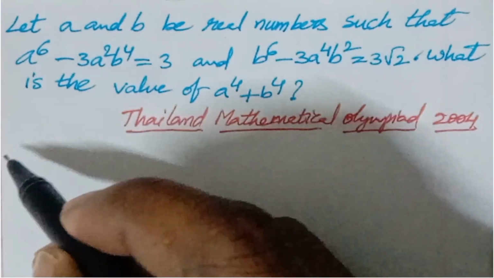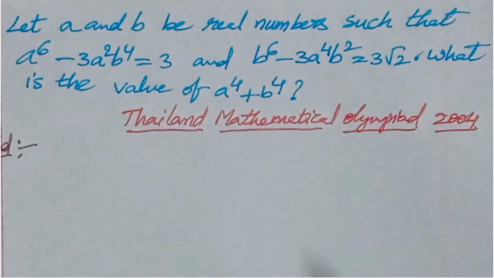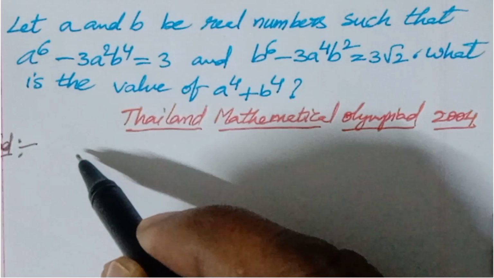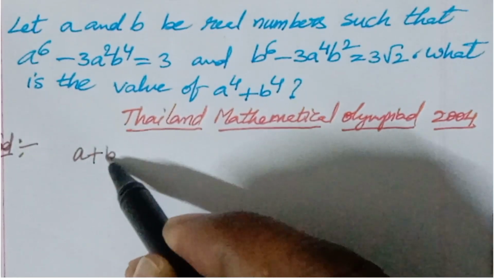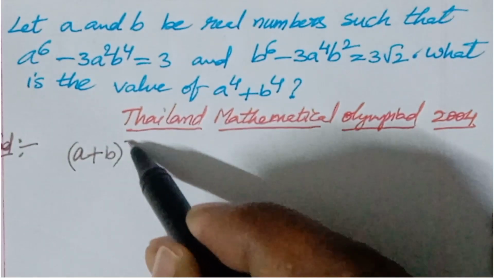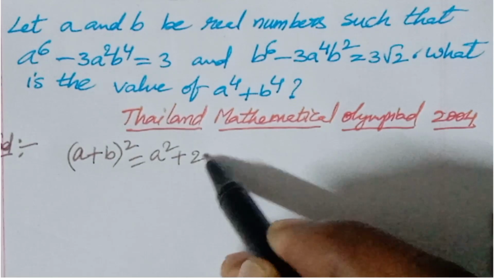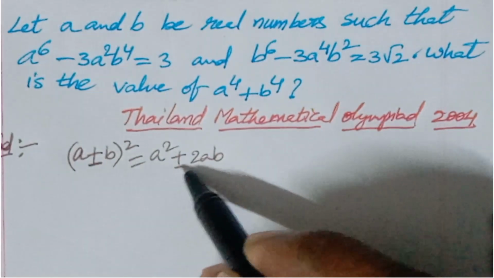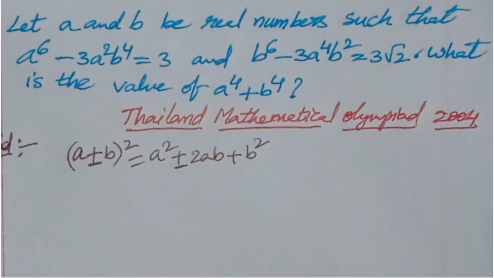So here this question is having some logic, that's why it is selected. Before going to this question, we require two simple formulas. a plus or minus b whole square is equal to a square plus or minus 2ab plus b square.